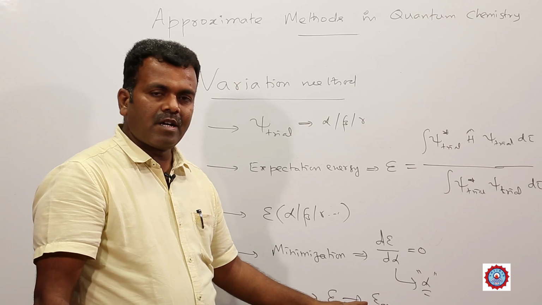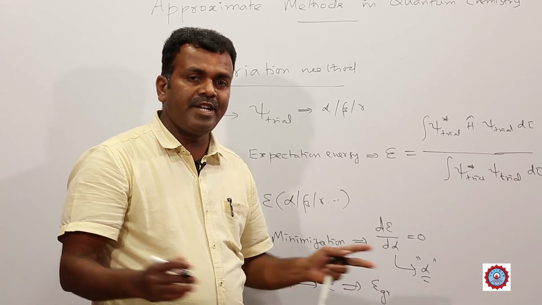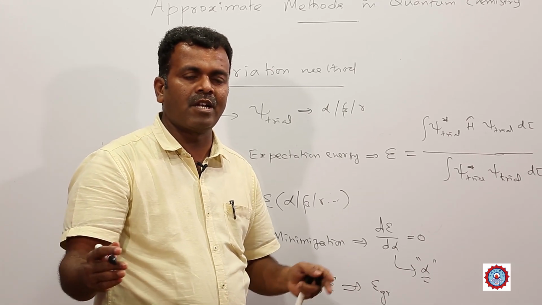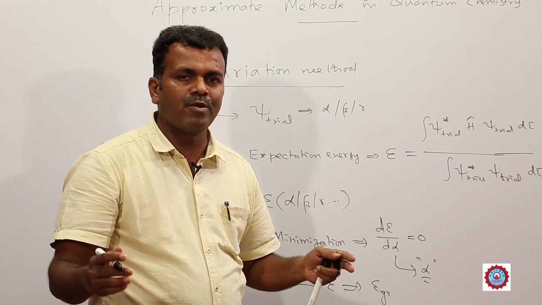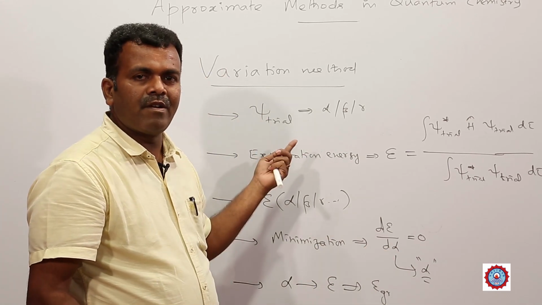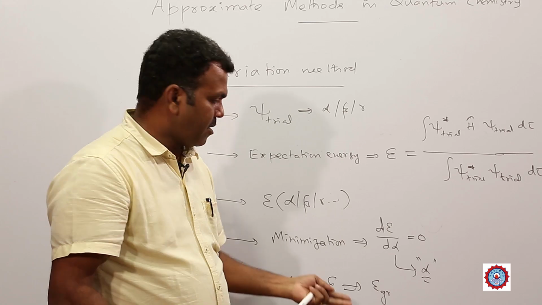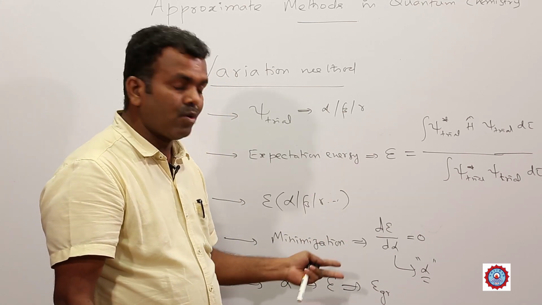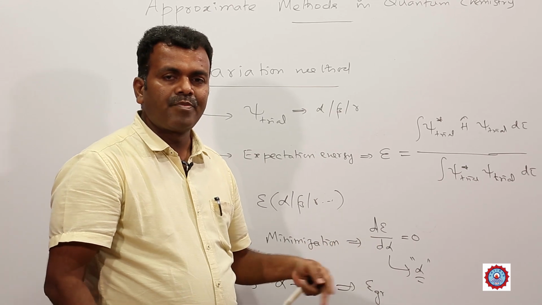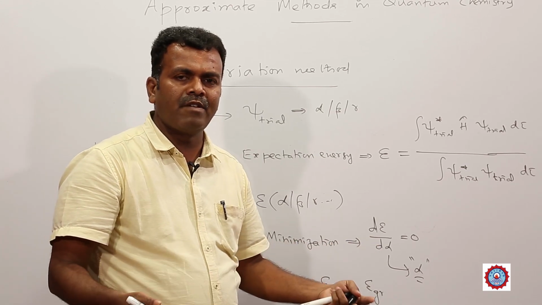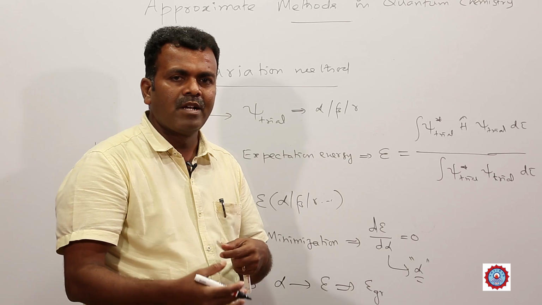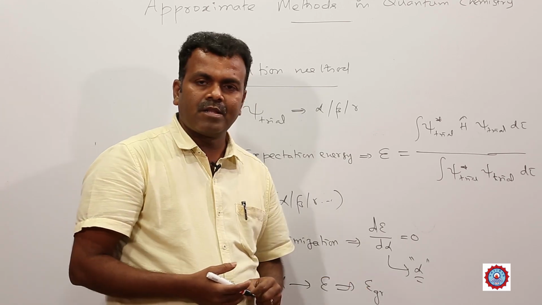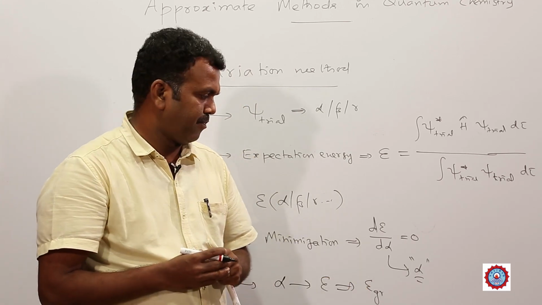If the calculated energy deviates from the experimental energy to a larger extent, then we have to choose a new trial wave function and undergo this calculation once again. So, in the variation method, we have to choose many trial wave functions and calculate the minimum possible ground state energy.